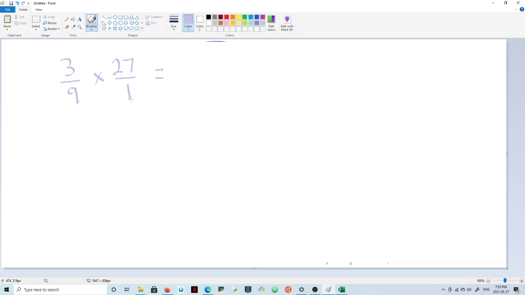Now for someone that can recognize that 9 multiplied by 3 is 27, where they see this 27, they're going to write 9 multiplied by 3. So this can be rewritten as 3 upon 9 times 9 times 3 upon 1.